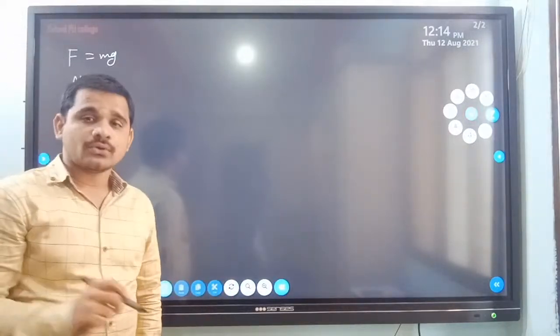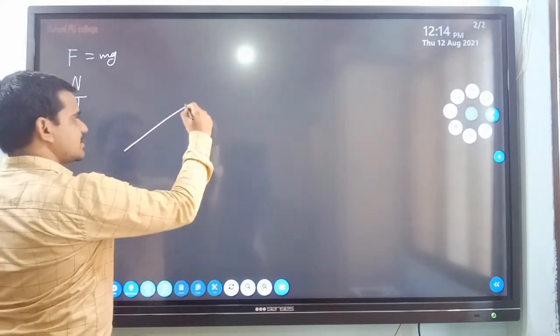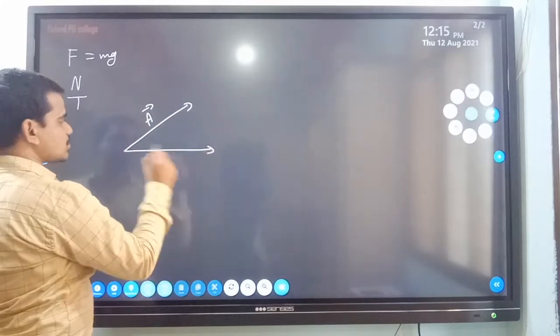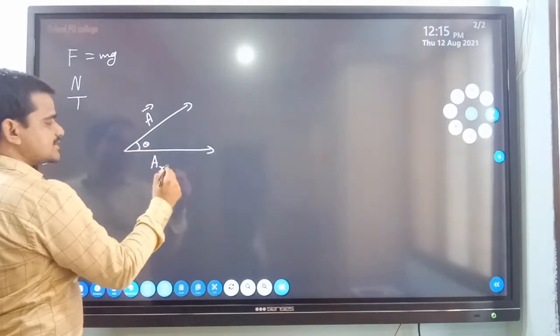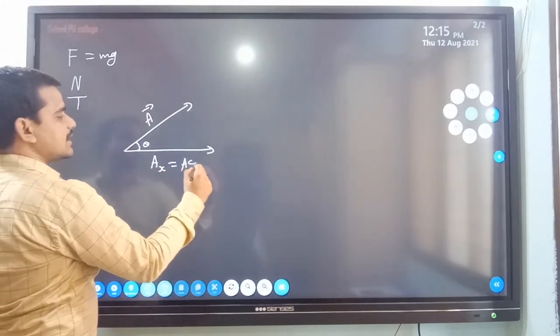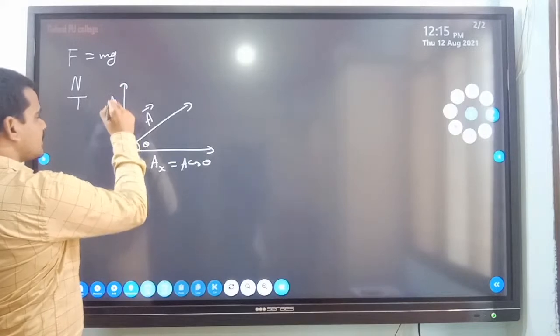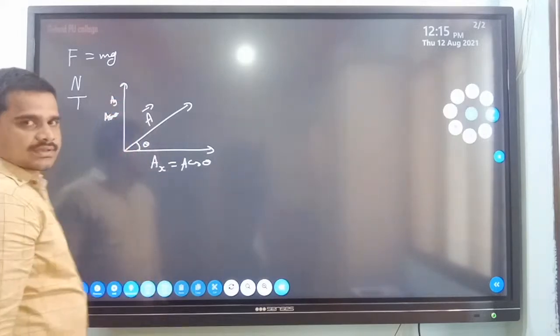Now, as we saw in the last classes, a vector can be resolved into two components. This component is Ax, which is A cos theta, and this is Ay, which is A sin theta.